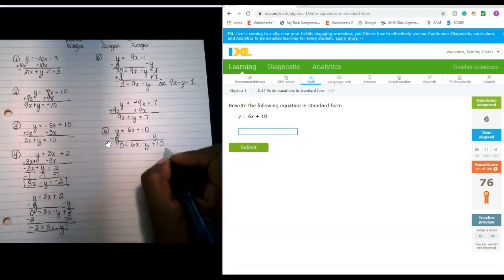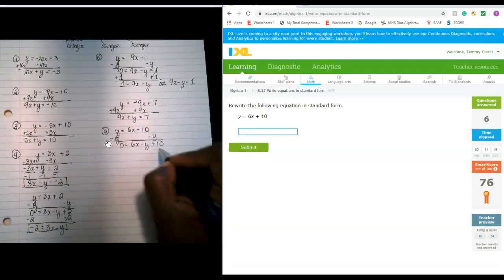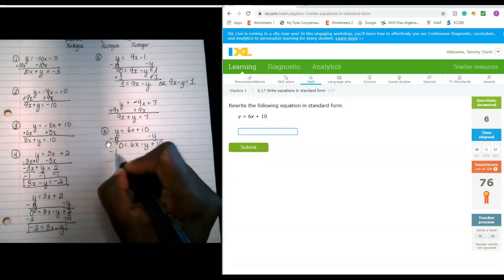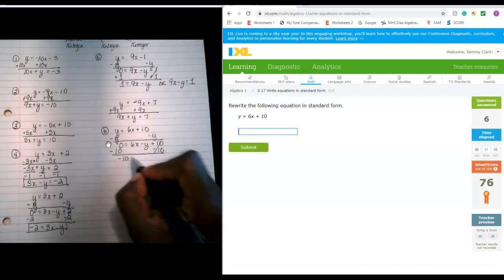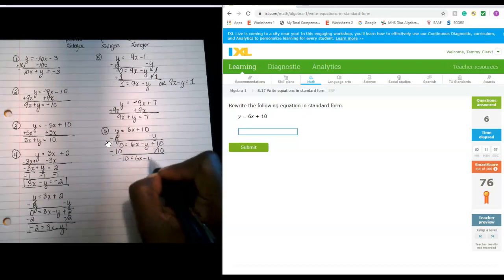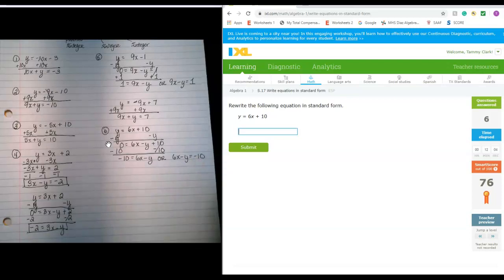All the terms are on the right side of the equal sign. We don't want that. We only want 6x and y on the same side of the equal sign. So let's eliminate this constant by subtracting it, because originally it was being added. Now we've got negative 10 is equal to 6x minus y, or you could write it as 6x minus y equals negative 10.